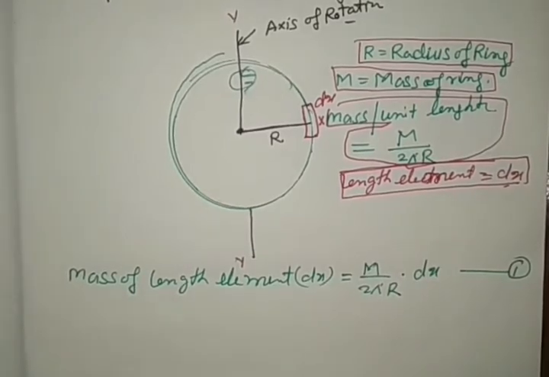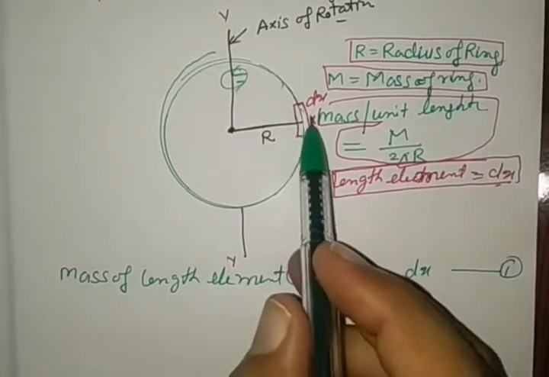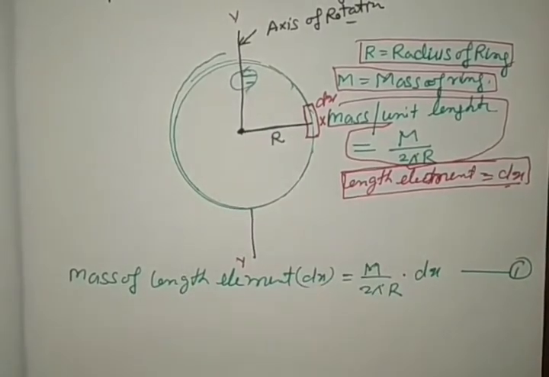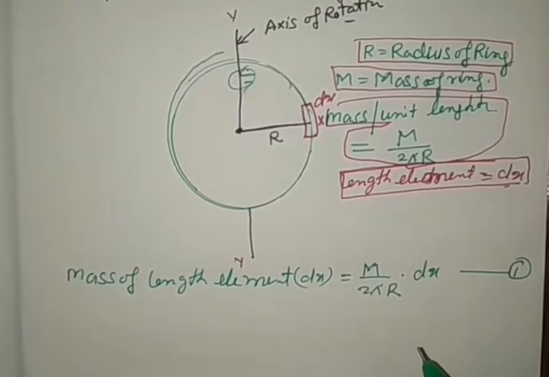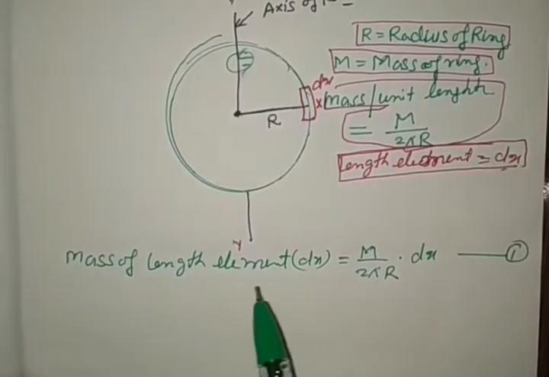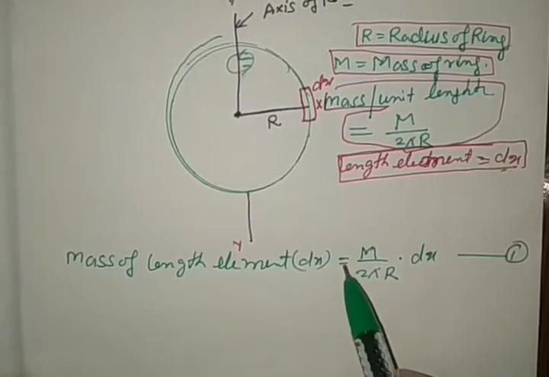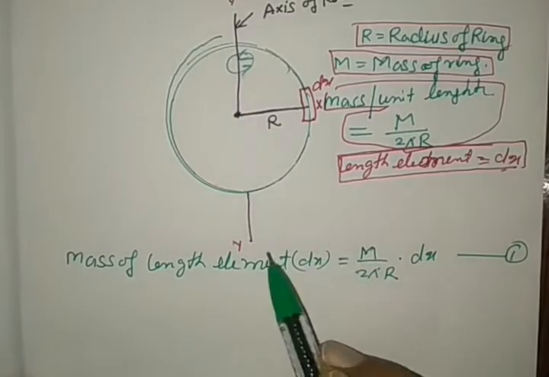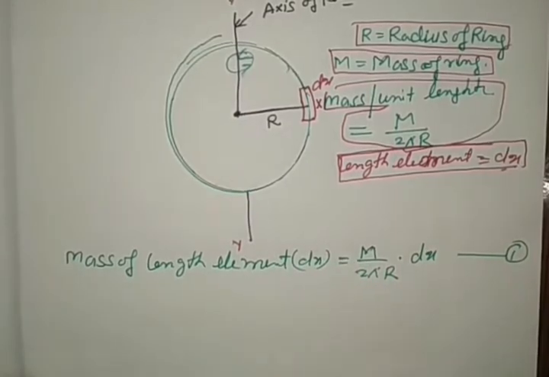We are going to obtain the moment of inertia of this ring about the given axis of rotation. We know the formula: the moment of inertia about an axis of rotation is the product of mass into the square of the distance between the axis of rotation and the mass, that is M R square.